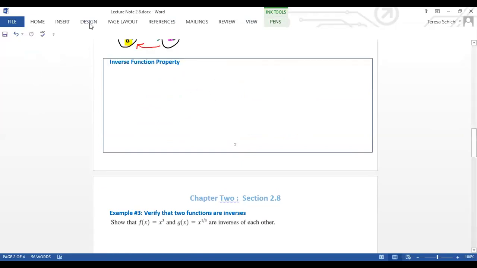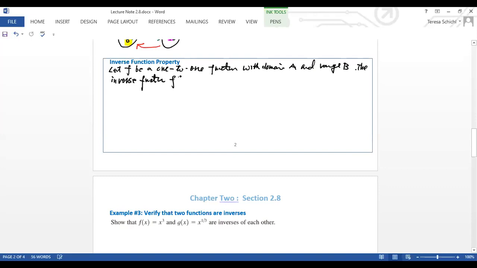All right, so let f be a one-to-one function with domain A and range B. The inverse function, f inverse, satisfies the following cancellation properties.